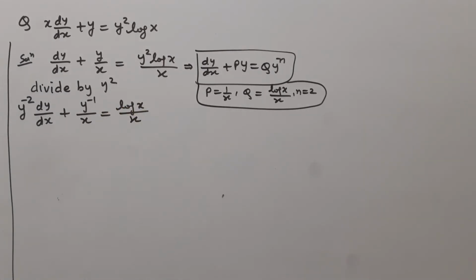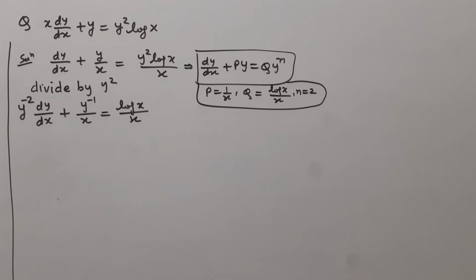First we identify which is the form of this first degree differential equation. So we can see here this equation can be written in the form dy by dx plus py is equal to q y to the power n, where p and q both are functions of x and n is a constant other than 0 or unity.